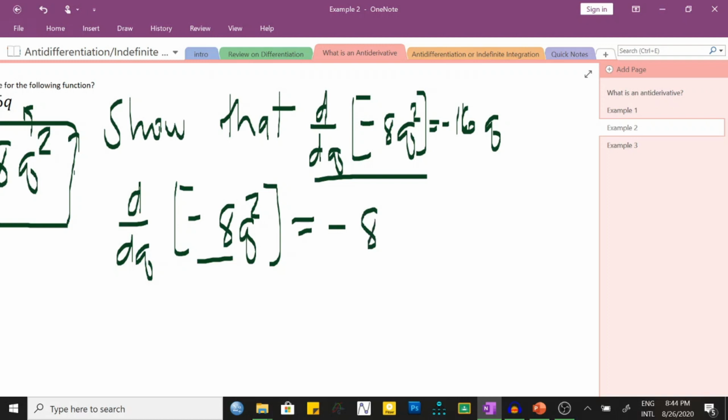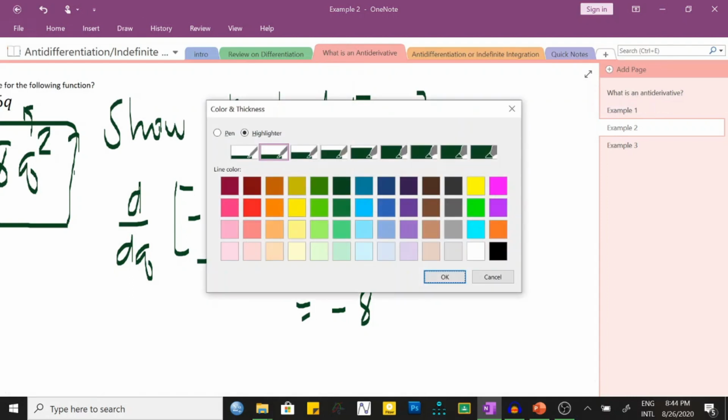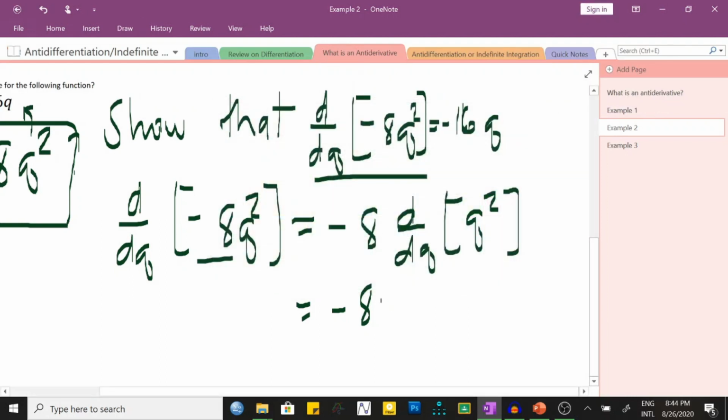Negative 8 times the derivative of what's left inside, and that is q squared. The derivative of q squared can be computed by applying the power rule, and that would give us 2q raised to 1, or simply 2q, and that is negative 16q.